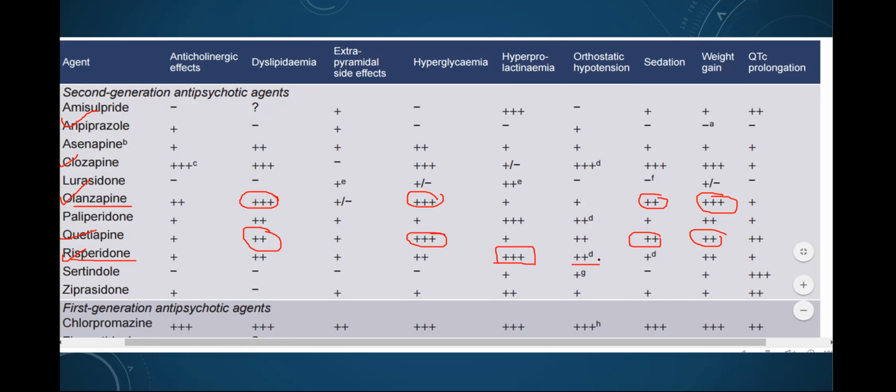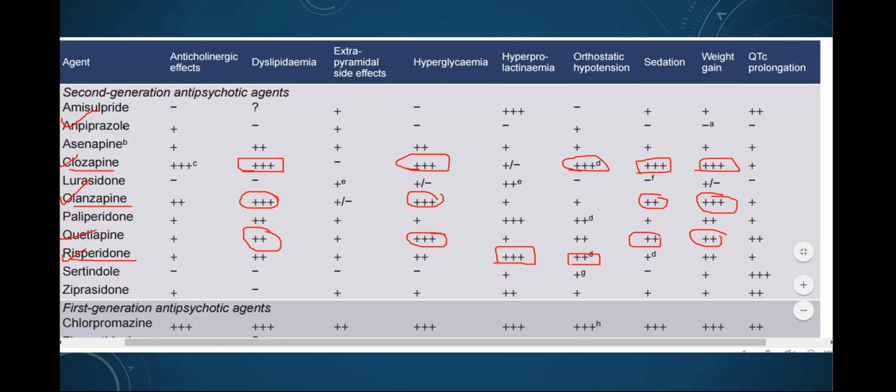Also, it can cause orthostatic or postural hypotension. Look at clozapine. Clozapine is very notorious for causing dyslipidemia, hyperglycemia, orthostatic hypotension, is very sedative, and causes weight gain. So the same as olanzapine and quetiapine.